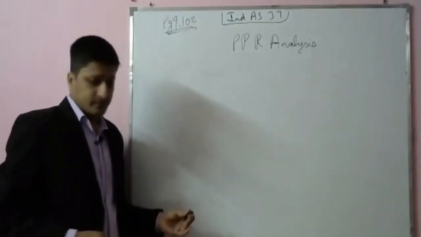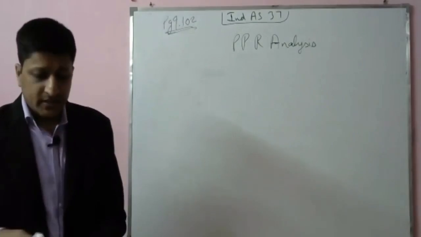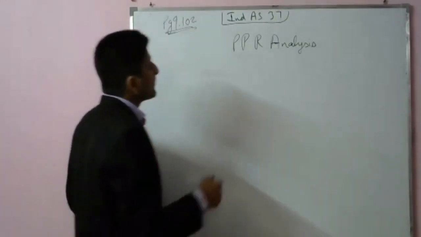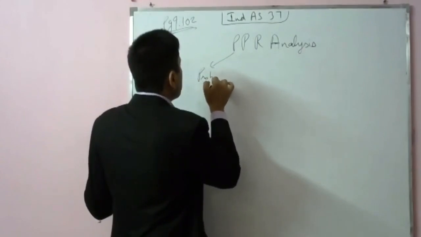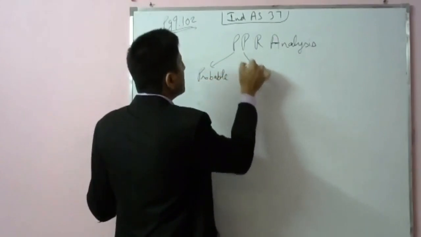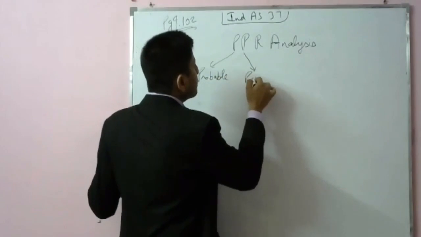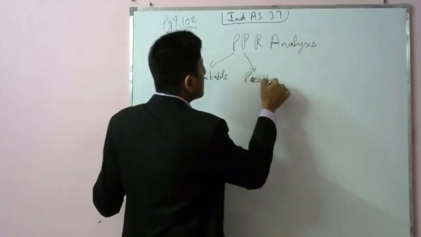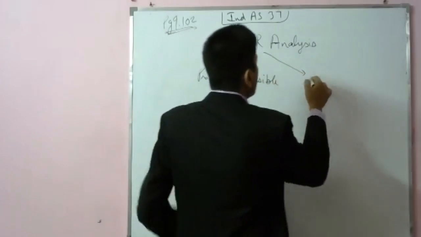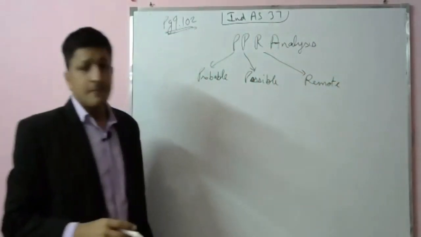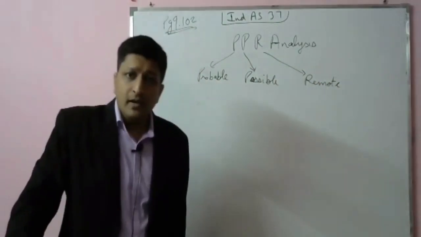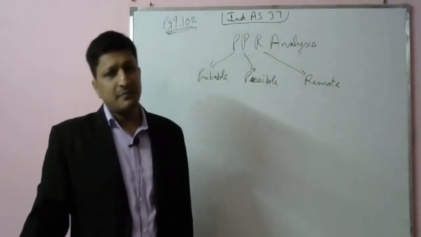So let's understand this. PPR means probable, possible, remote. Probable, possible, remote. PPR.